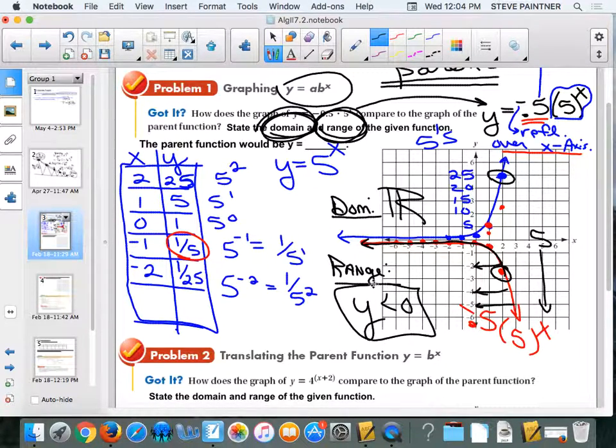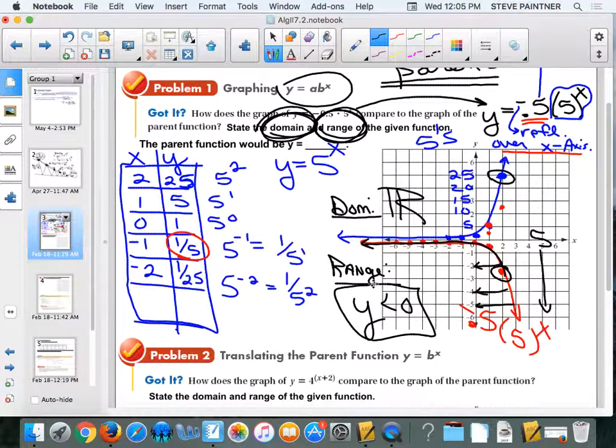All y values coming out are less than 0. 0 doesn't come out and the positives don't come out. So yesterday I always said, y is greater than 0. Well, today, if I reflect it, everything's less than 0. You okay with that?